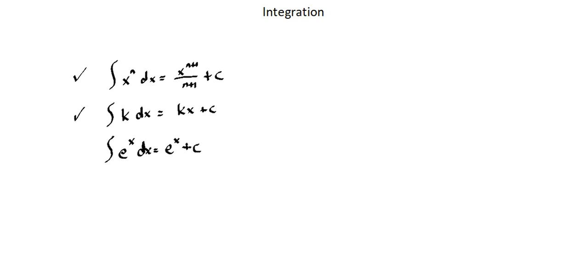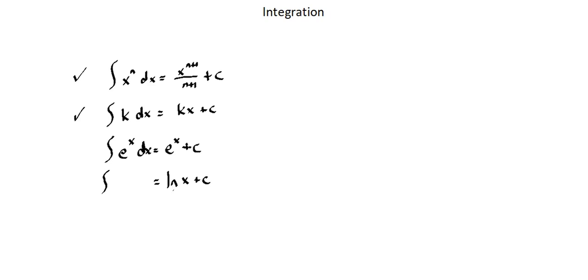Now from exponential functions, let's consider the inverse, logarithmic functions, and integration. In this case, I'll go to my result to begin. What do I integrate to get the natural log of x plus c?